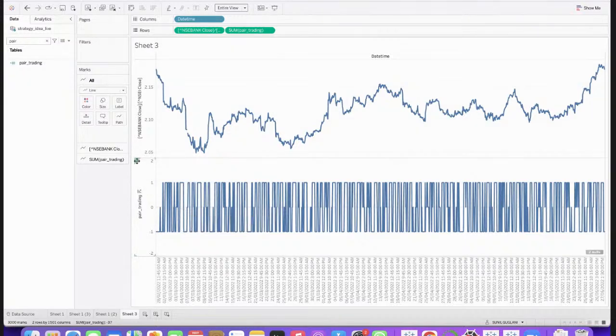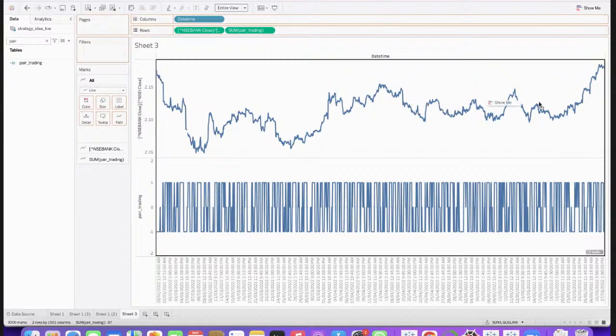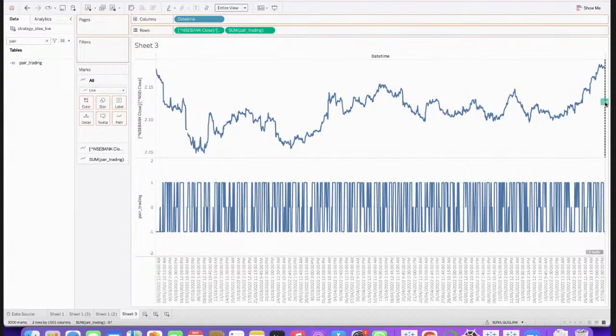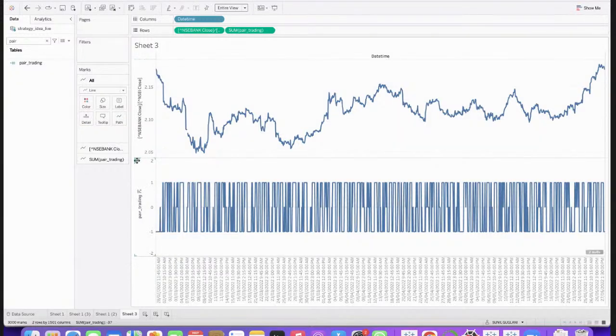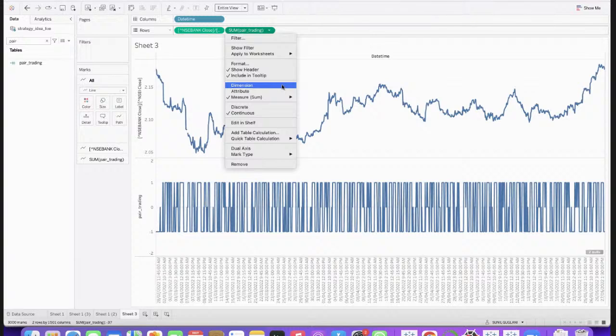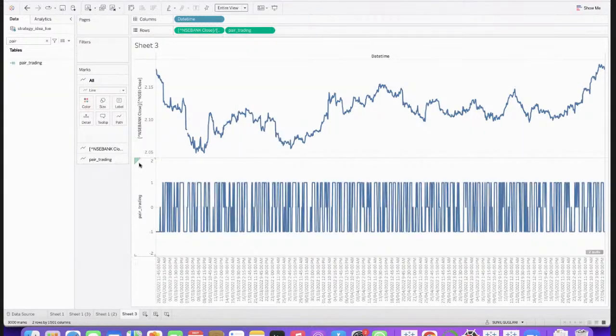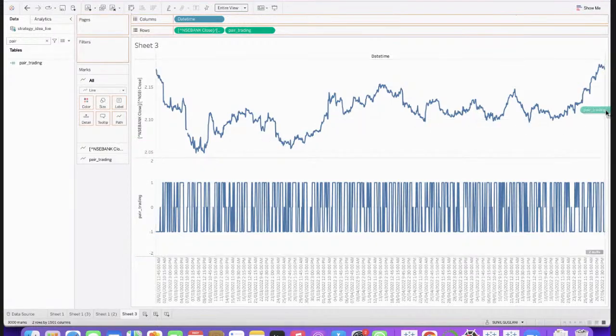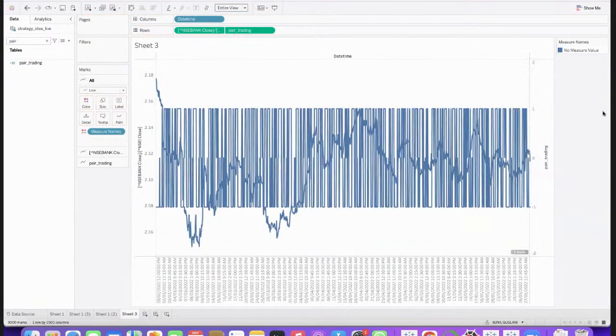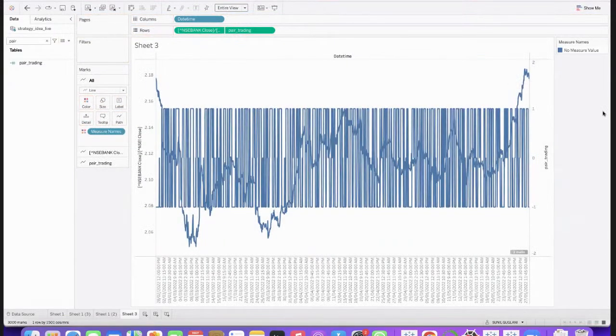So again, we'll do the same thing. We'll try to move both of them into the same chart. First, I will convert this into dimension. Yeah, it plotted both of them together, but actually it is not visible to us whether it's working or not.